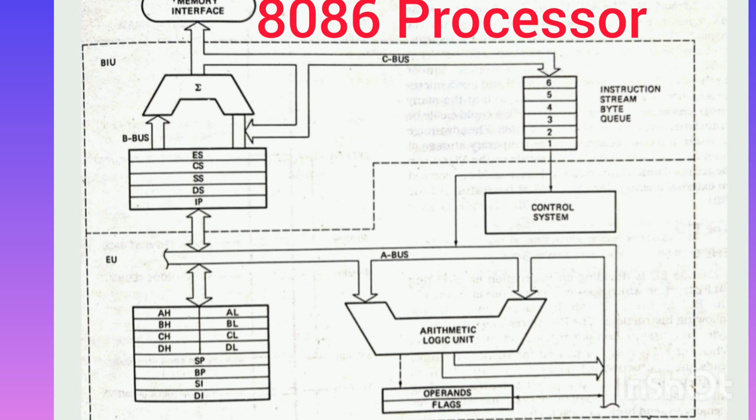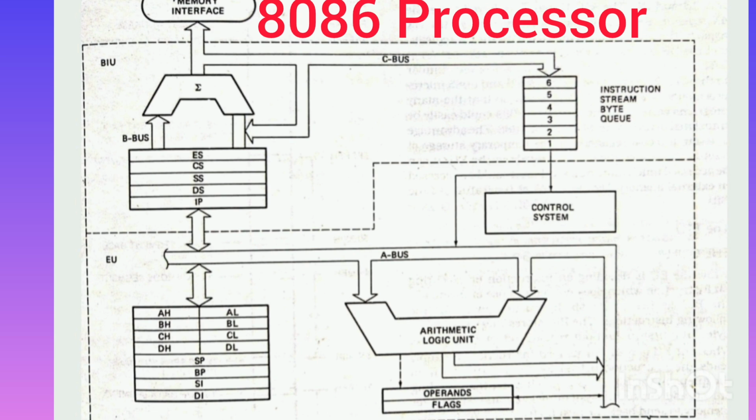The three registers, base pointer, source index and destination index, can be used for temporary storage of data just like the general purpose registers. However, their main use is to hold the 16-bit offset of a data word in any one of the segments.